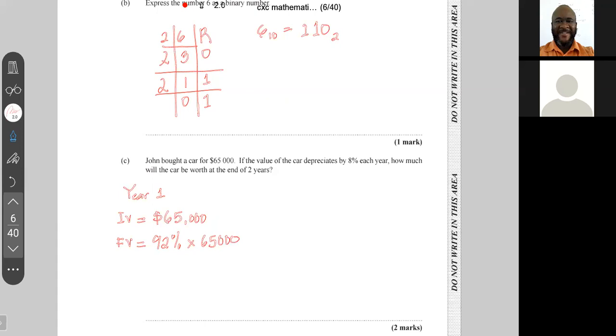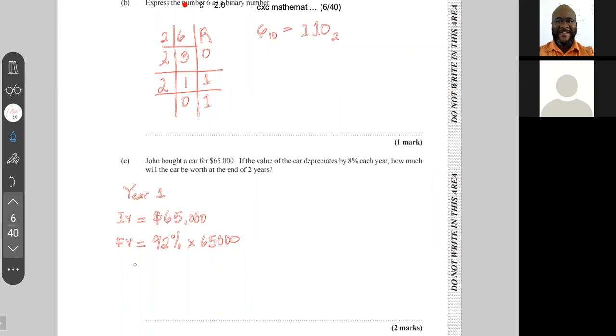There is 100% in a whole. So if during the course of the year this car loses 8% of its value, at the end of the year, the value of the car is going to be 92% of what it was worth at the start of the year, because it loses 8% of its value.